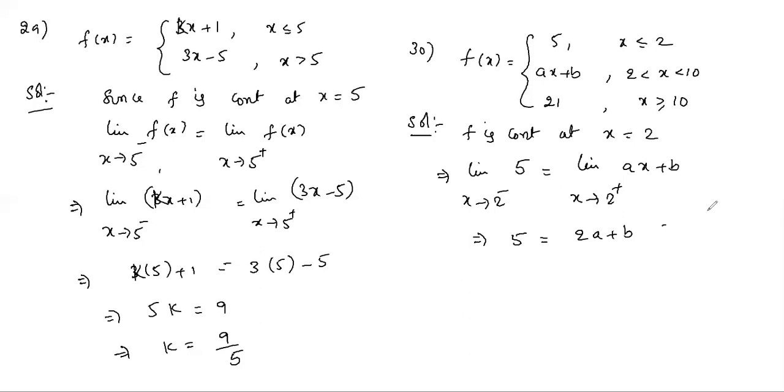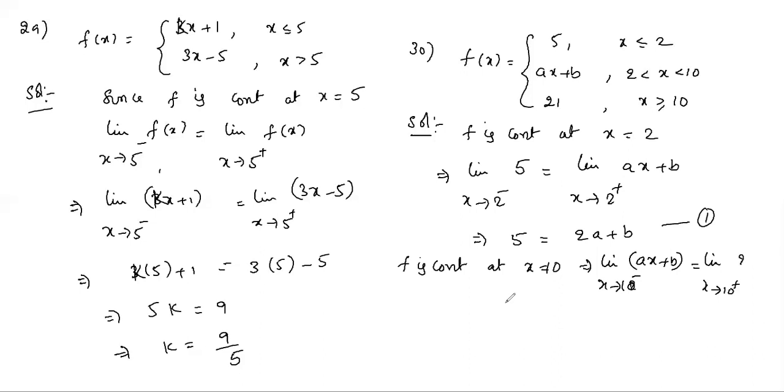This is one condition. Similarly, f is continuous at x equal to 10 implies limit as x tends to 10 minus, left side function ax plus b, equals limit as x tends to 10 plus, right side function is 21. So in the direct substitution, 10a plus b equals 21.